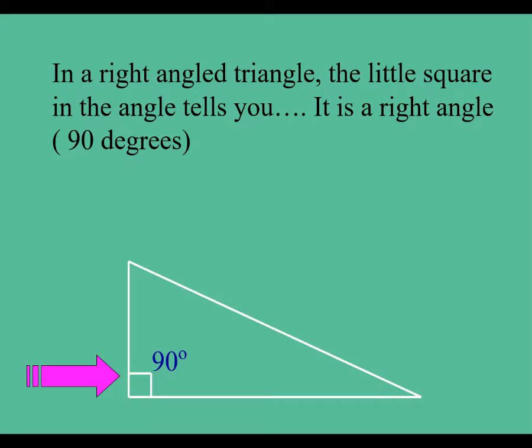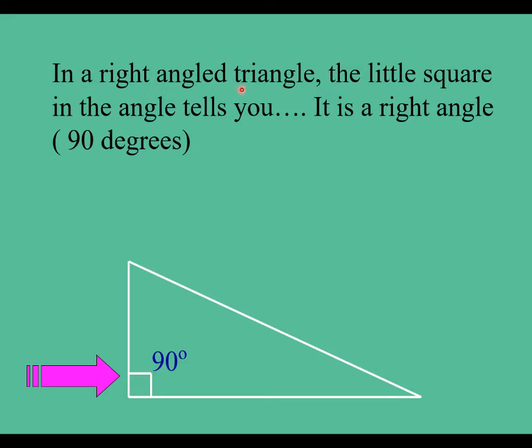All of you know that a triangle in which one angle is 90 degrees is called a right angle triangle.